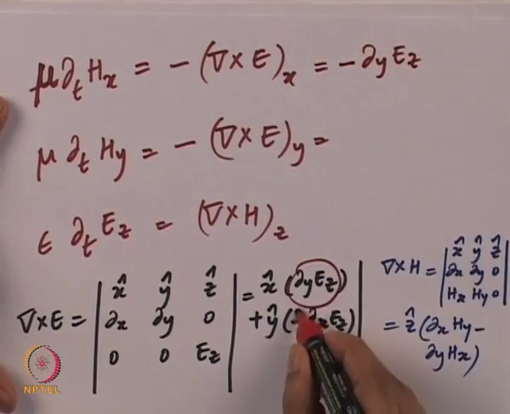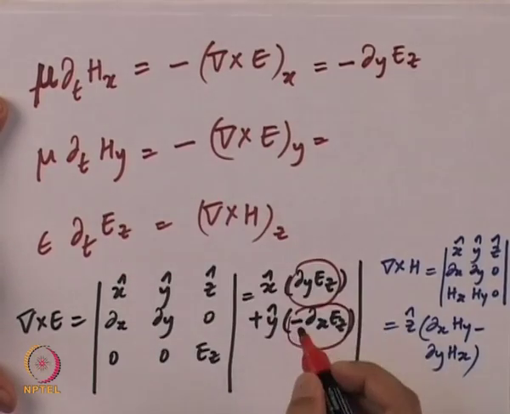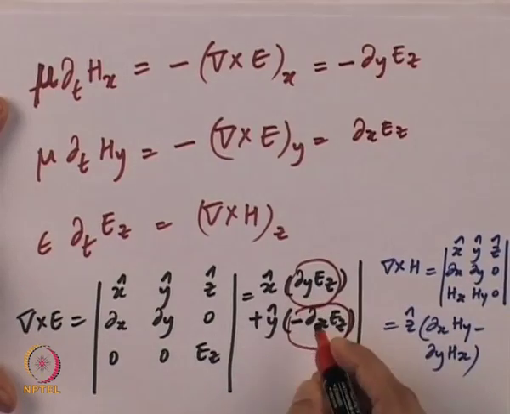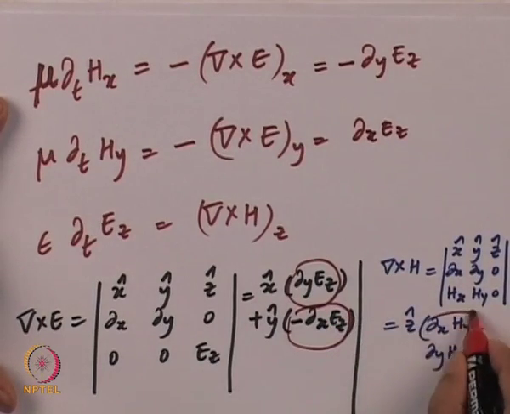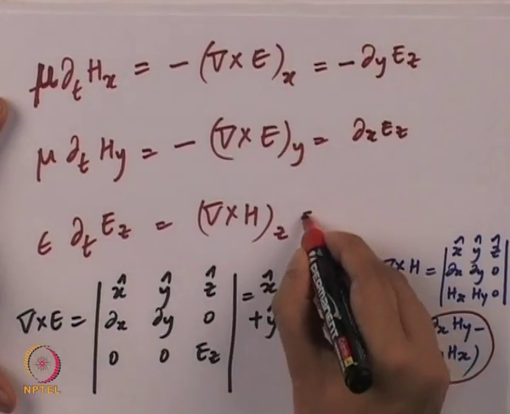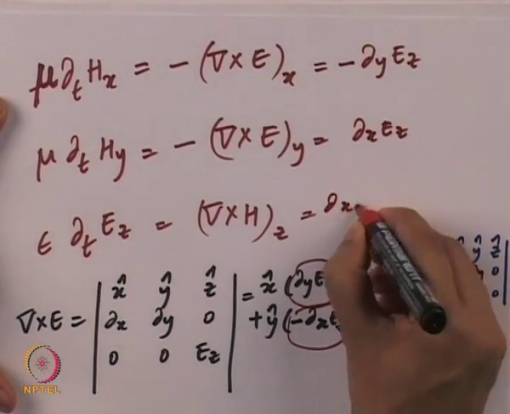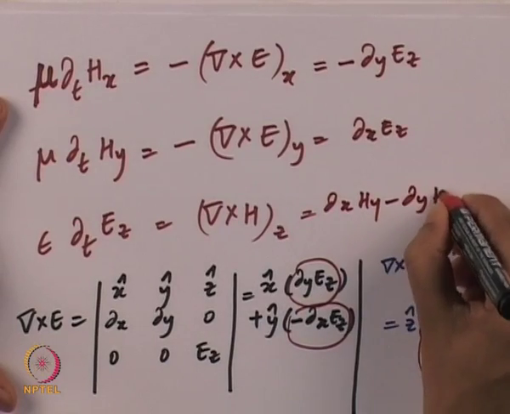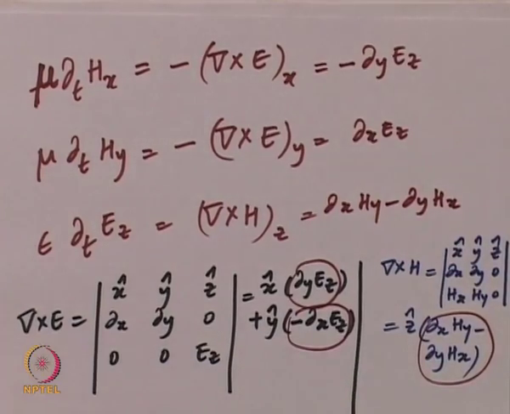For the second one I am going to write this term, and the minus sign and minus sign get cancelled, we get dou x Ez, and for the third one this is going to be this entire term, that is equal to dou x Hy minus dou y Hx. So these are going to be the field components, and these field components are going to be the main elements that we are going to take for modeling the uniaxial PML.